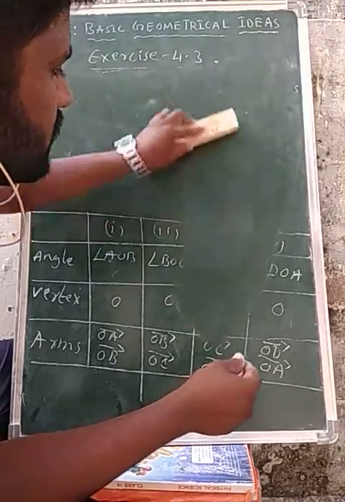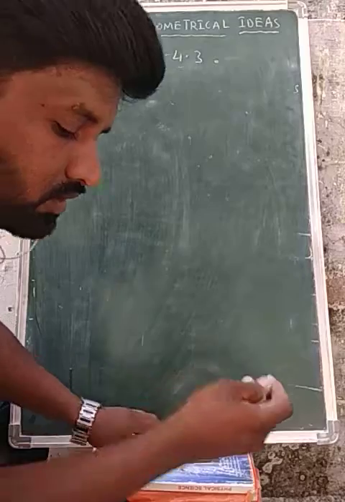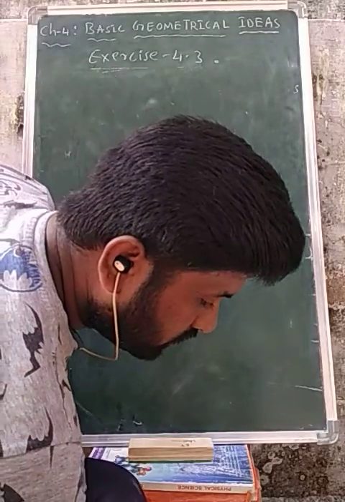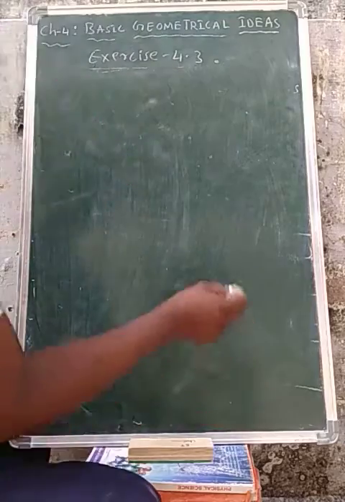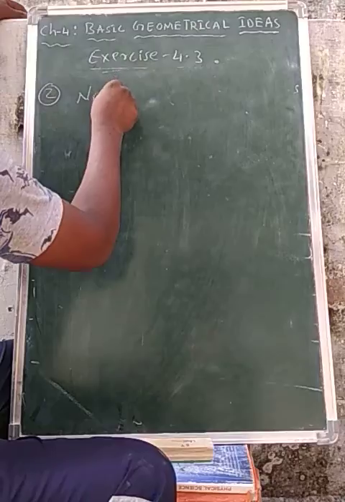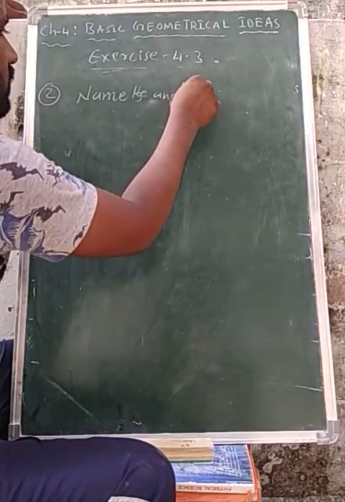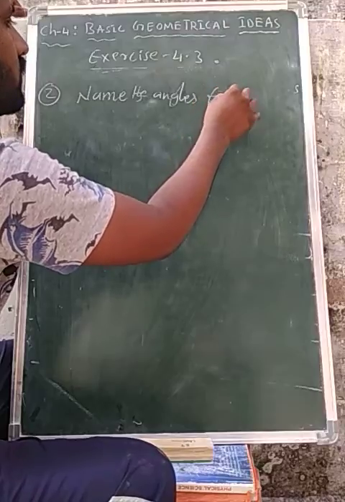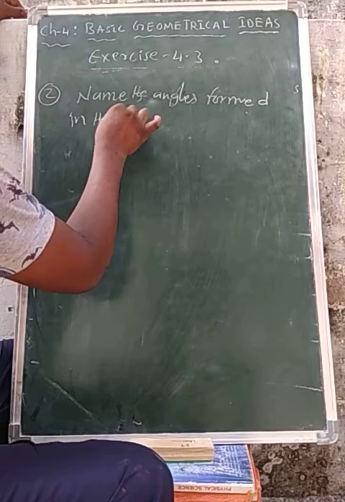And next go for the second question. The question is given, name the angles formed in the figure. Question number 2. Name the angles formed in the figure.